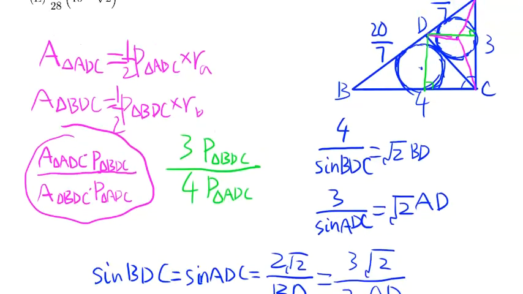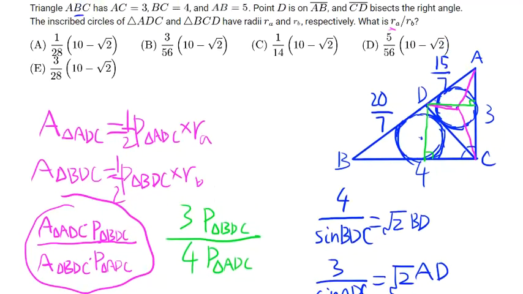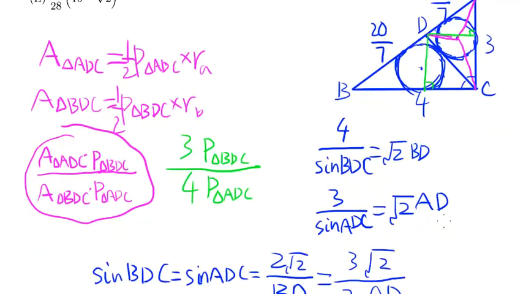Fortunately, we could just use the sine rule all over again. According to this, we could plot the BD and AD in, and get sine BDC, or ADC, or I'm just going to use BDC from here on.